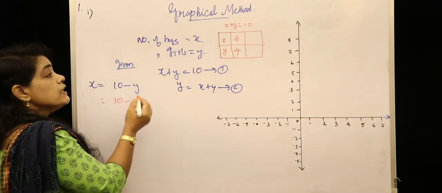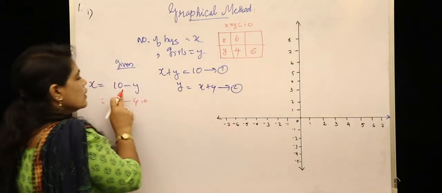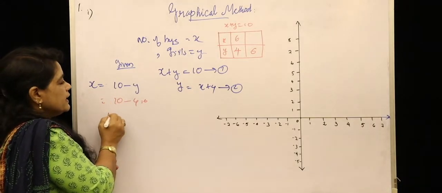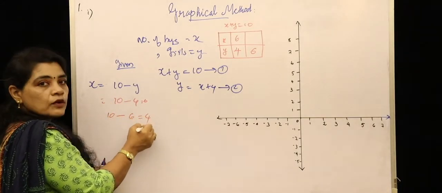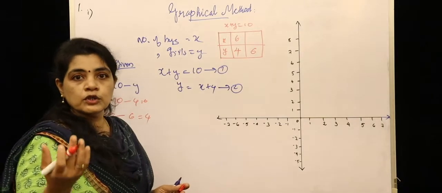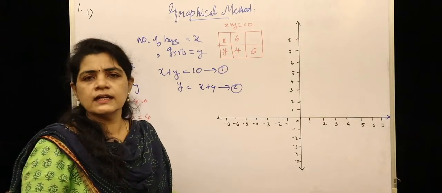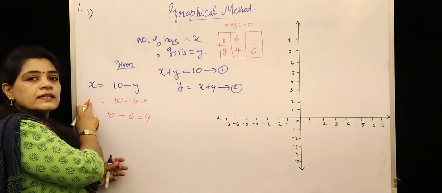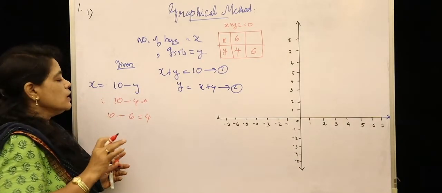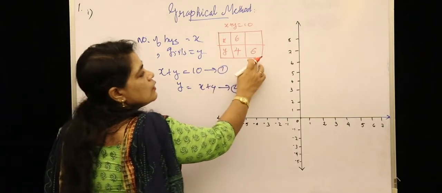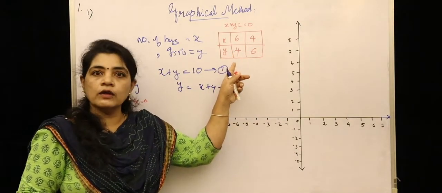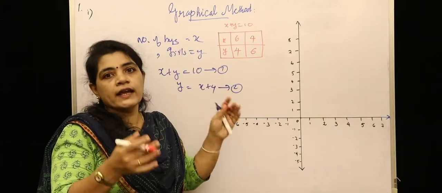So when y is equal to 6, the x value becomes 10 minus 6, that is 4. You can take y equal to 2 or 3 or 7, that doesn't matter, children. Accordingly you will get the value of x. So we now have two solutions for x and y.